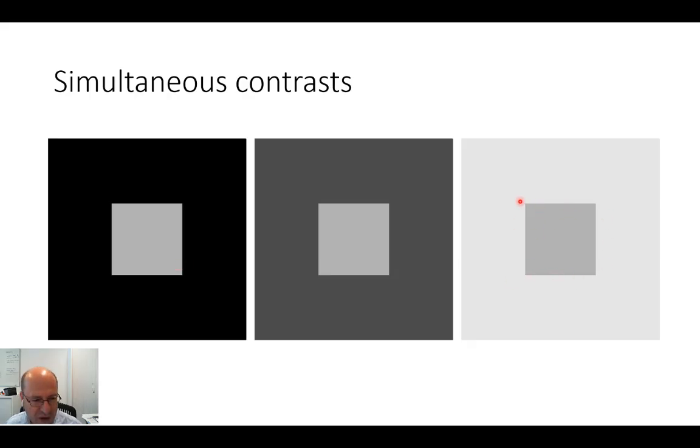But if you do this experiment at home, print this, cut the middle piece here, cut the middle piece there, and cut the middle piece here, you're going to see that these three have the same shade of gray.